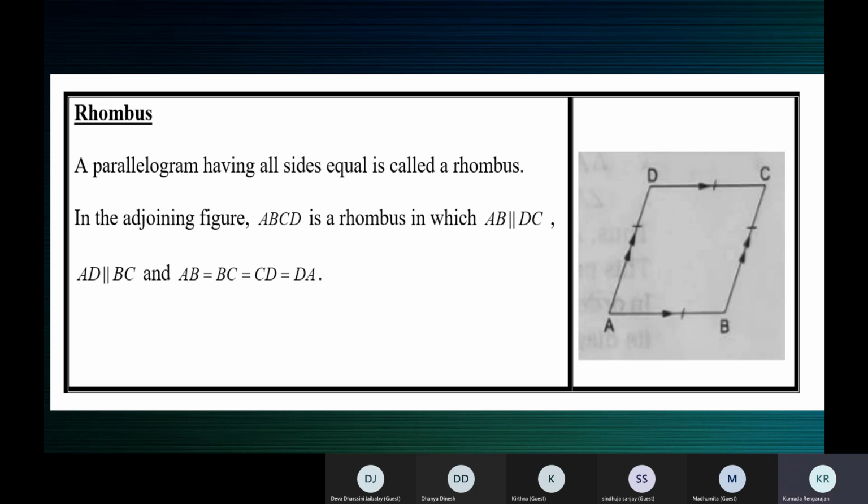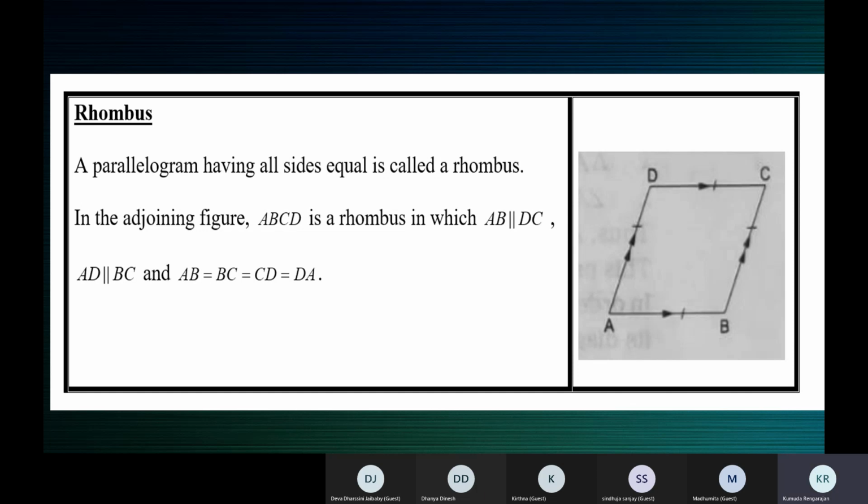A rectangle is not a rhombus. A square is a rhombus. Okay, ma'am, a rectangle is a parallelogram. Yeah, a rectangle is also a parallelogram. Rhombus is a parallelogram, rectangle is a parallelogram, square is a parallelogram.